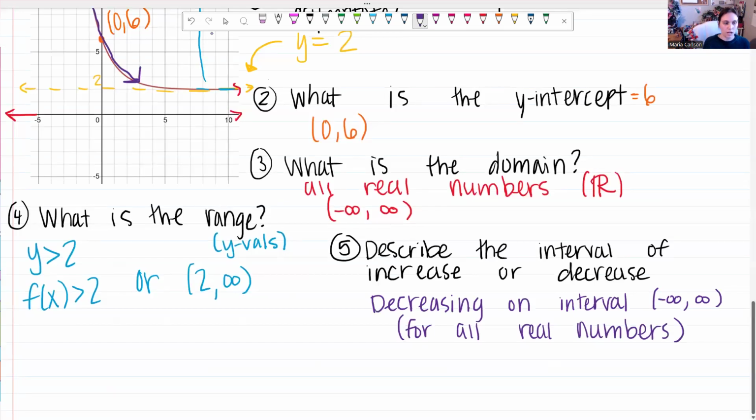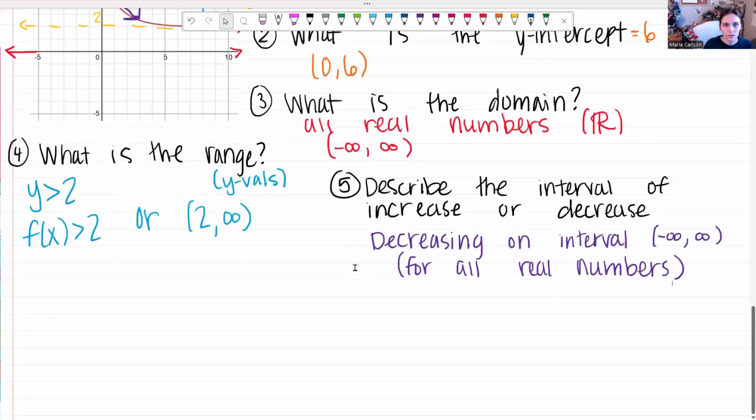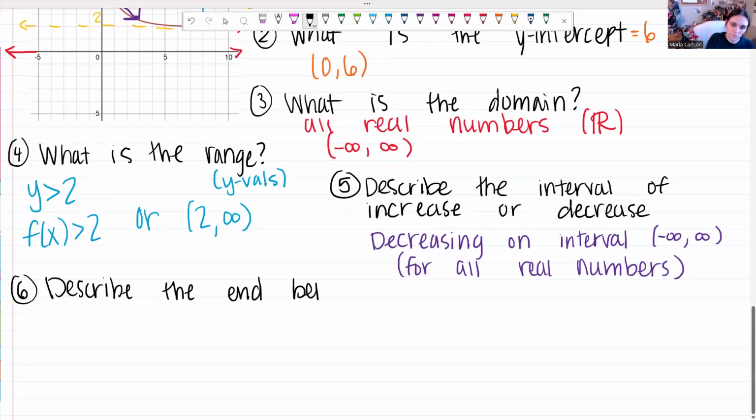We will do one more problem for this graph, and then that is a wrap. So number 6, describe the end behavior. An end behavior always has two parts. So first, we are going to look from the left, or as x goes to negative infinity. As we go to the left, what is the function doing?